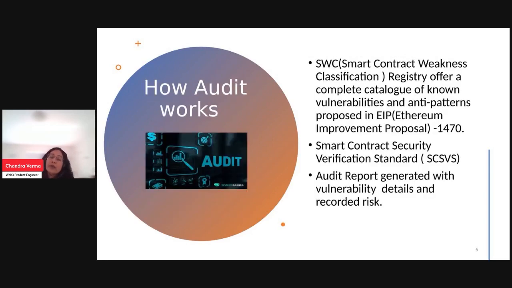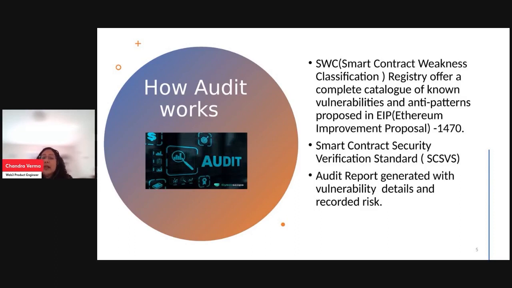How does an audit work? Auditing is done by very professional, experienced people. It's not just simple QA work. It needs a lot of experience and a lot of knowledge to perform auditing work. There are some standards.